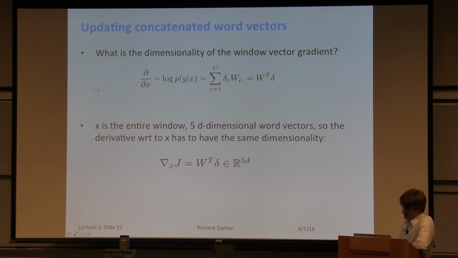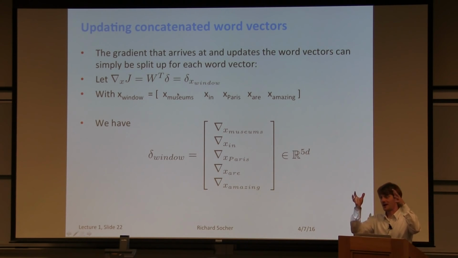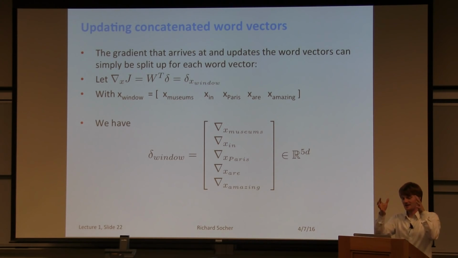As we just said, this derivative will be 5-dimensional, but we actually have 5 separate vectors in here. Intuitively, you have an error message that arrives from your gradients at each of these vectors. What we can do to update the whole one is just split them up at exactly the dimensionality. So this will be essentially 5 separate d-dimensional vector updates.